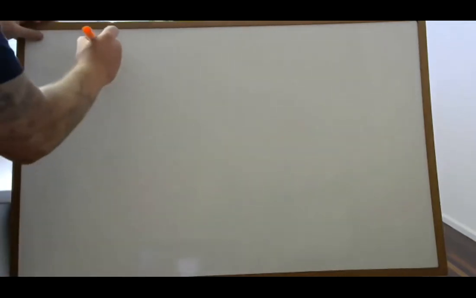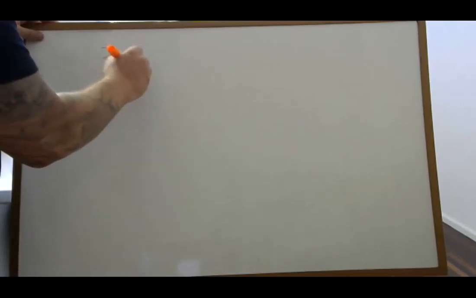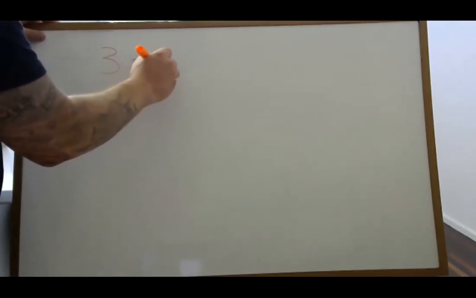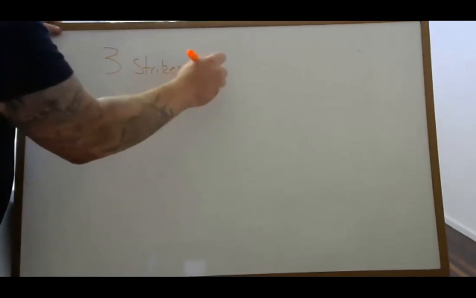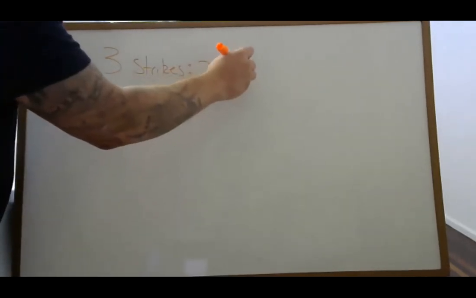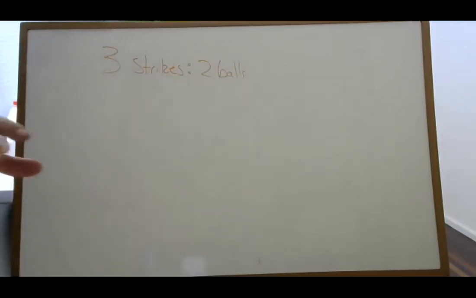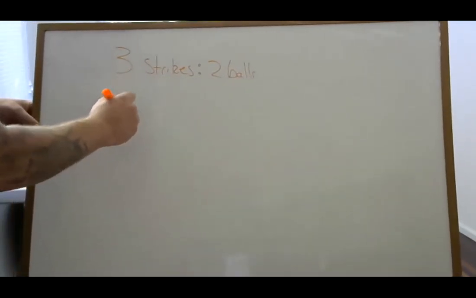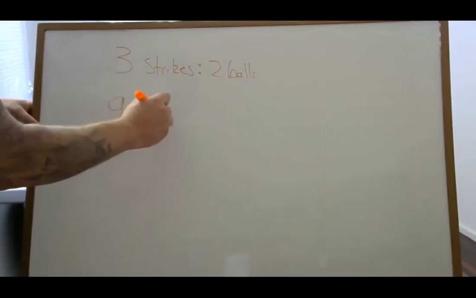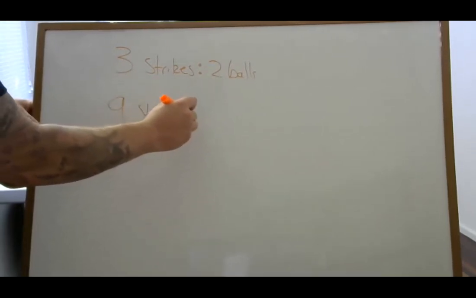All right. So 3 strikes for every 2 balls. Don't think too hard. So 9 strikes per 6 balls.